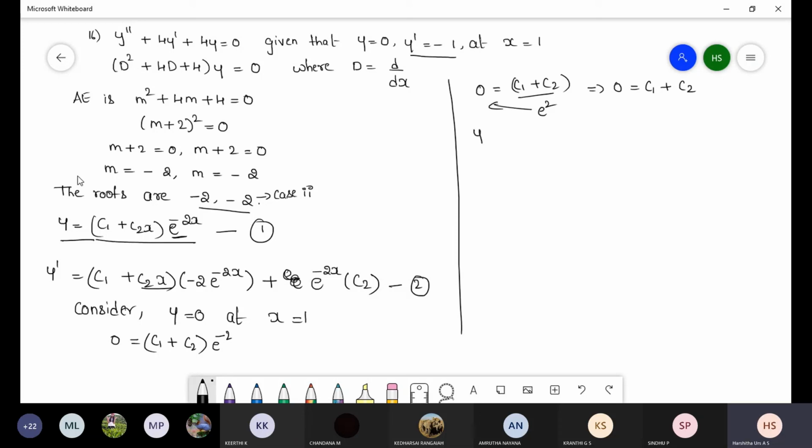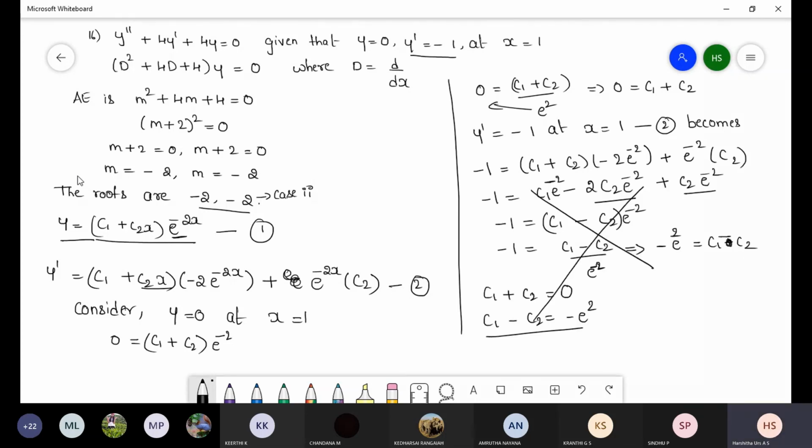Next, y dash is equal to minus 1 at x is equal to 1. We substitute this in equation 2. So minus 1 is equal to C1 plus C2 into e power minus 2 into minus 2, plus e power minus 2 into C2.